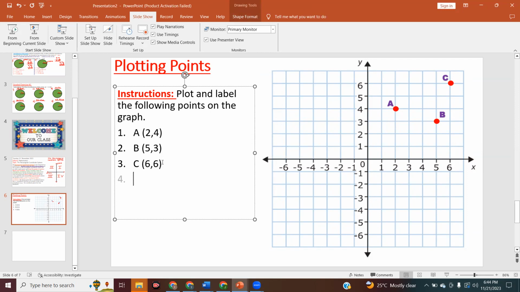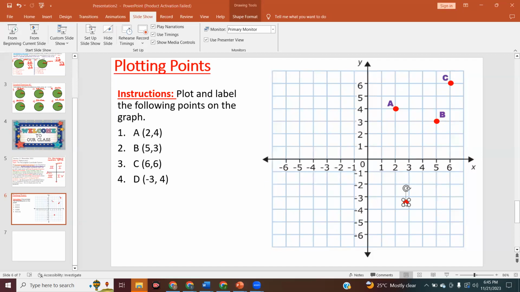Okay, so let's do another one. So let's say that we have, no, let's not do 0. Let's do -3, comma 4. If we do -3, comma 4, where are we gonna start? Let's call this D. Where are we gonna start? X-axis. X-axis on what number? -3.